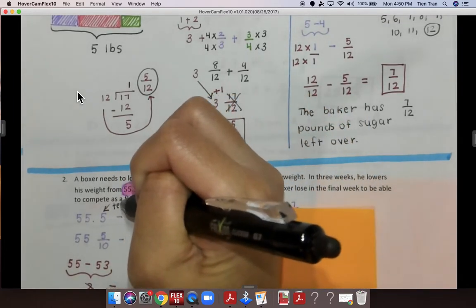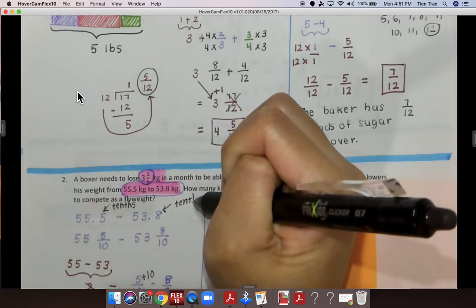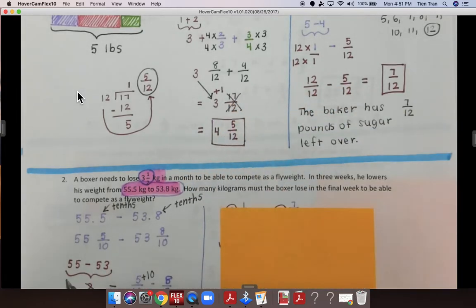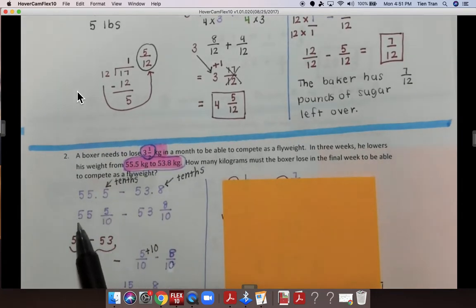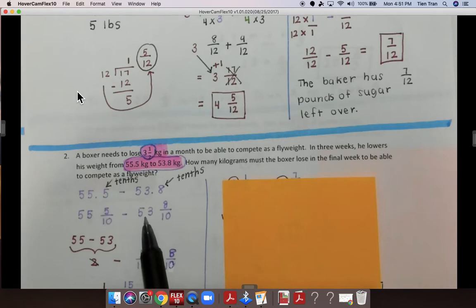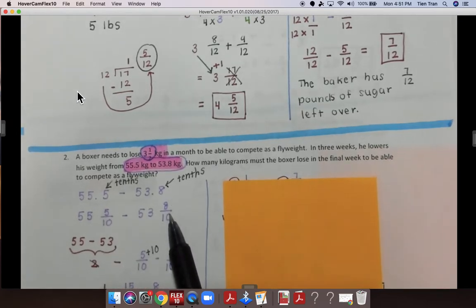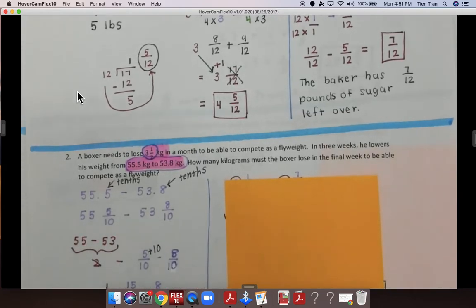So the 5 is in the tenths place, and the 8 is also in the tenths place. So I need to make sure that I'm writing this correctly. I'm writing 55 and 5 tenths. Over here I'm writing minus 53 and 8 tenths. So 5 over 10, 8 over 10. That's how I changed it into a fraction.